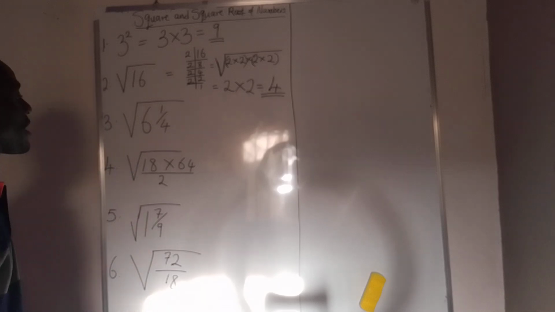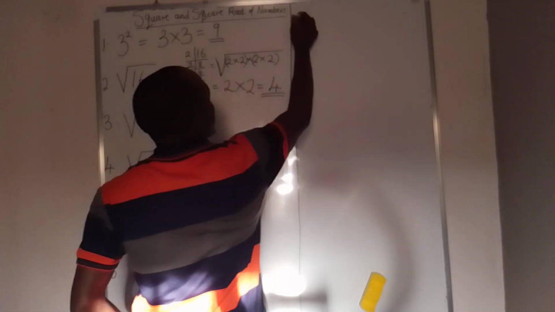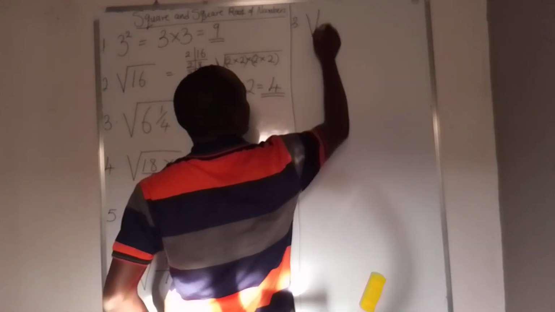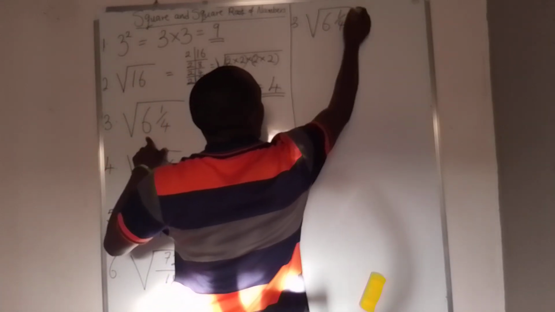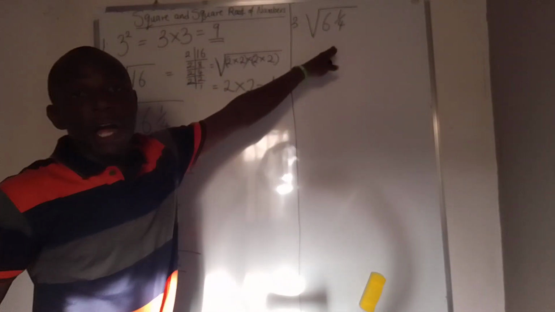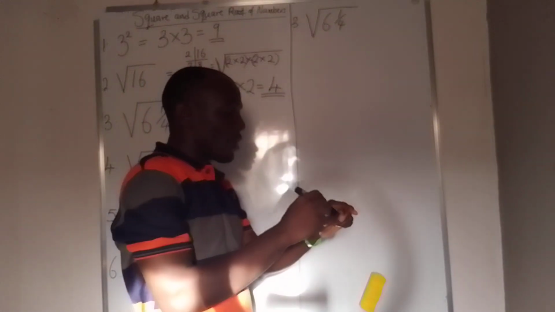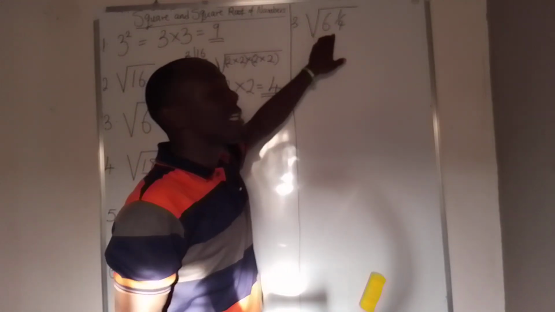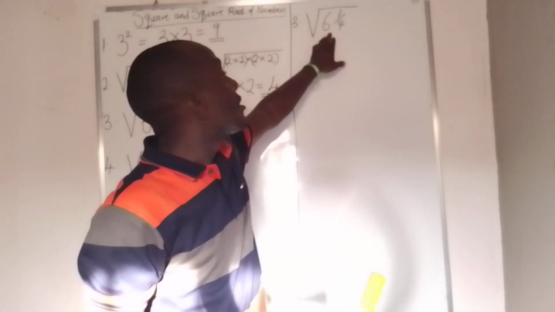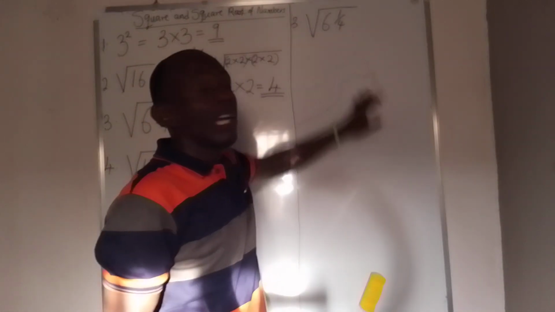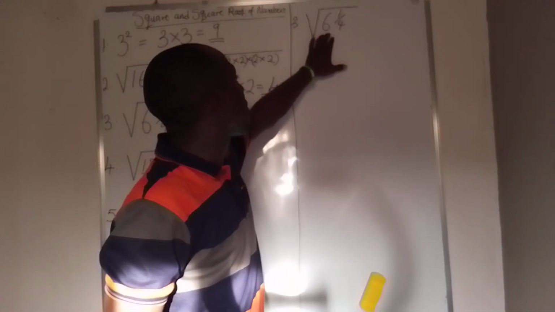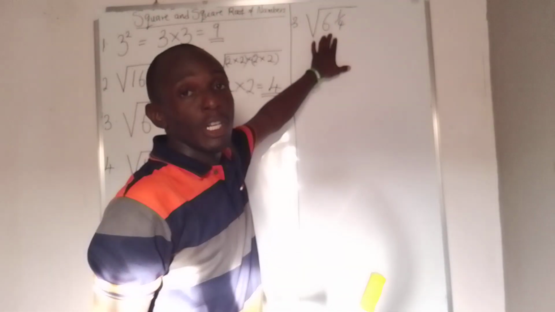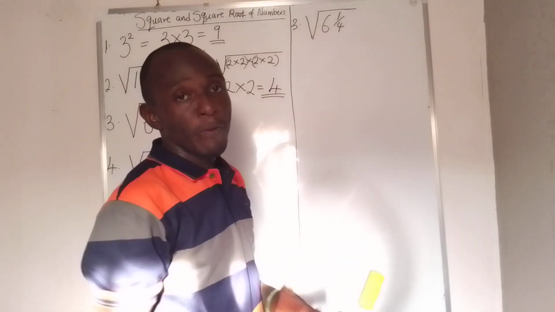Okay, let's look at number 3. We are given the square root of 6 whole number 1 over 4. Looking at the inside of the square root sign, it is a mixed fraction. Ideally in mathematics, when we have a mixed number, we change it to an improper fraction.